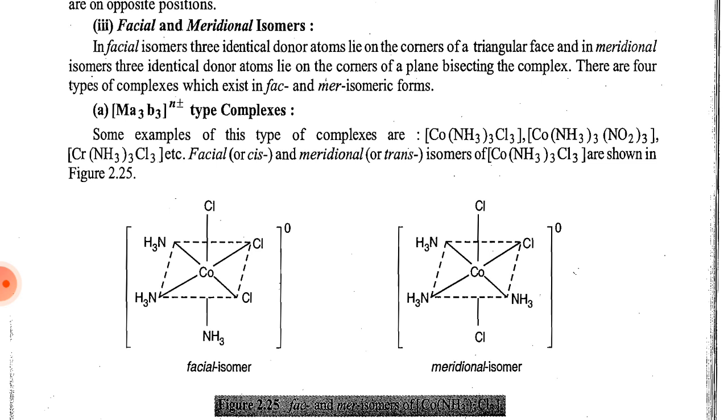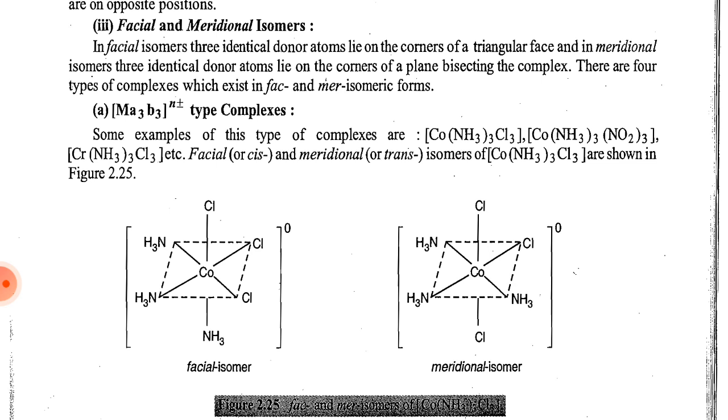Ma3b3 type complexes. Some examples of this type of complex are [Co(NH3)3Cl3], [Co(NH3)3(NO2)3], etc. Facial is a form of cis isomer. Meridional is a form of the trans isomer.